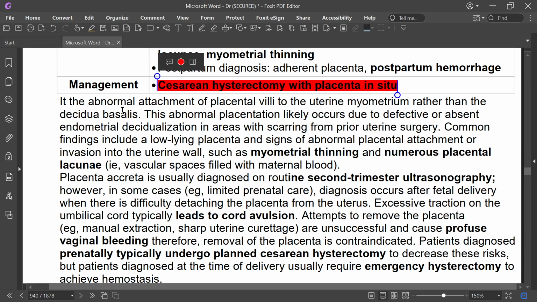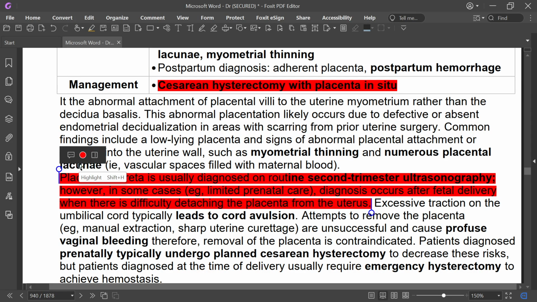Placenta accreta is usually diagnosed on routine second trimester ultrasonography. However, in some cases with limited prenatal care, diagnosis occurs after the delivery when there is difficulty detaching the placenta from the uterus.